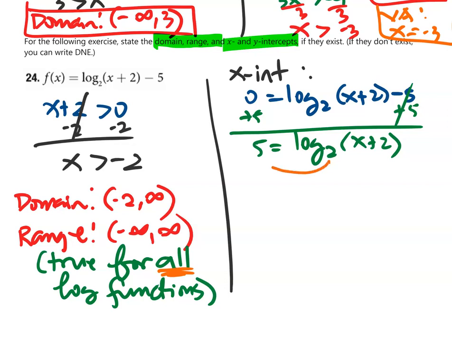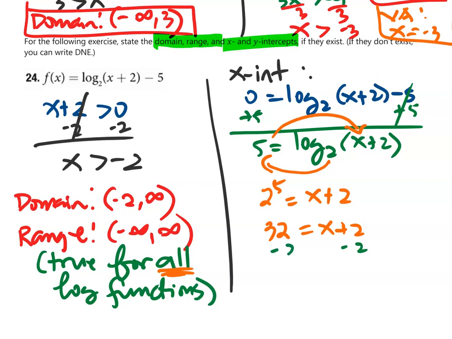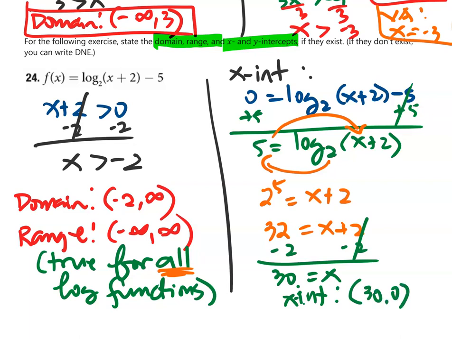So remember the arrows. 2 to the 5th is equal to the argument x plus 2. And 2 to the 5th is 32 equals x plus 2. We subtract 2 both sides. So x is equal to 30. So meaning your x-intercept is at 30, 0.